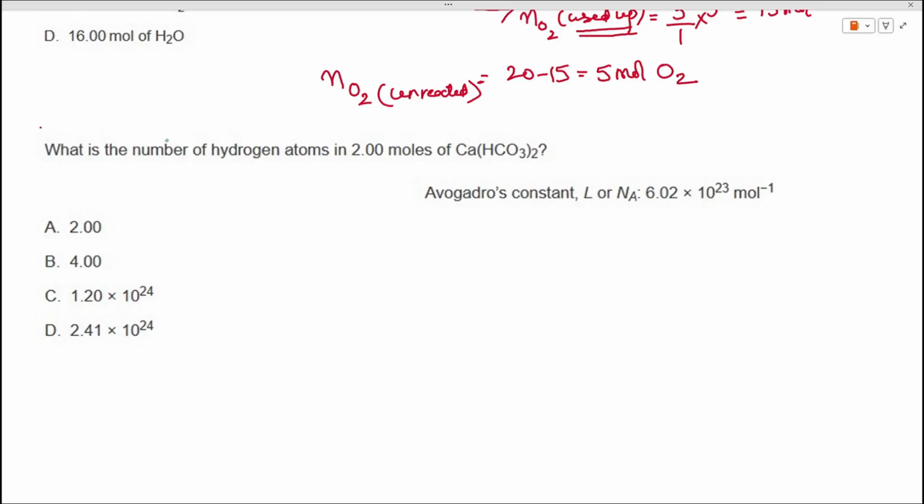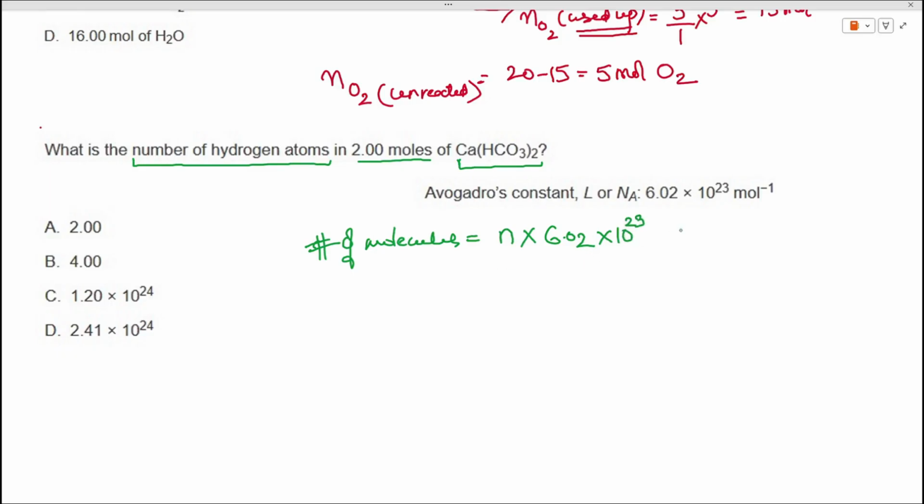For the next one, it says, what is the number of hydrogen atoms? Now we have to be careful. They're not asking how many moles of hydrogen atoms. It is the number of hydrogen atoms. So the compound given to us is calcium hydrogen carbonate. If we have 2 moles of calcium hydrogen carbonate, to figure out the number of molecules, we'll take the number of moles and multiply it by Avogadro's constant, which is 6.02 times 10 to the power of 23.